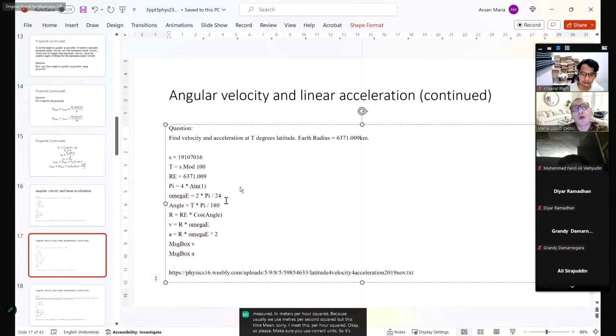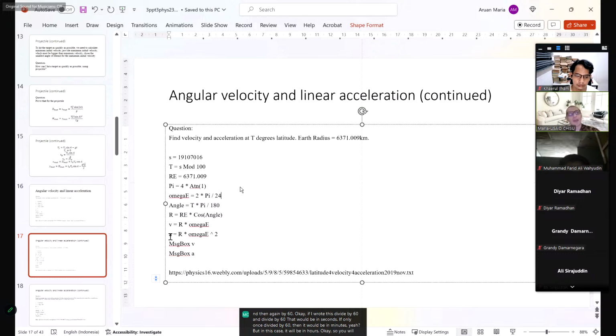If I wanted per second, I should have divided by 60 and then again by 60. If only once divided by 60, then it would be in minutes, yeah? But in this case, it will be in hours, okay?